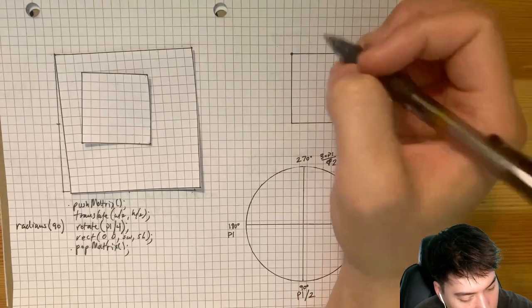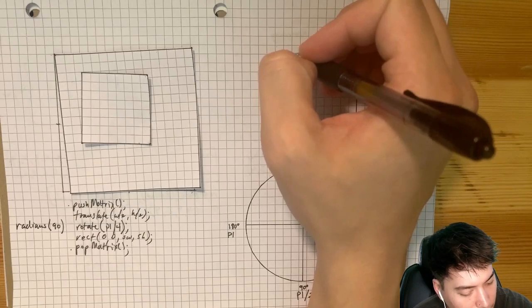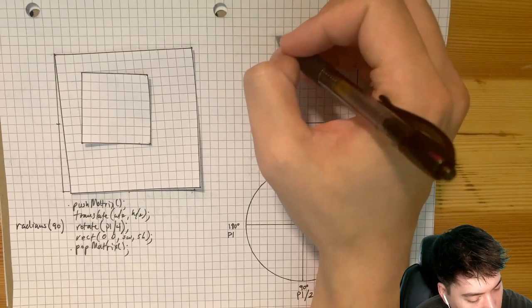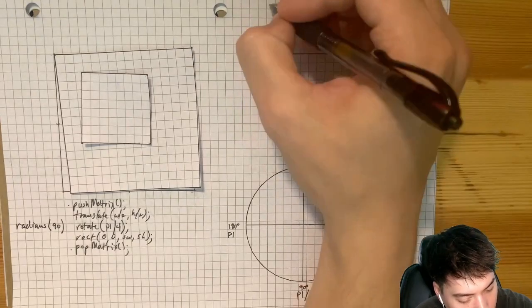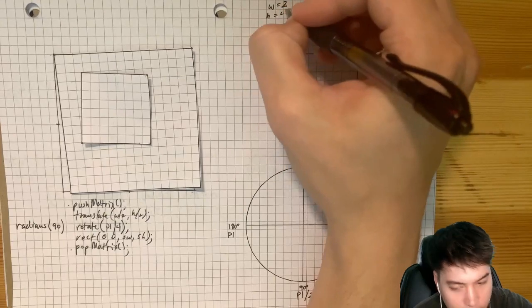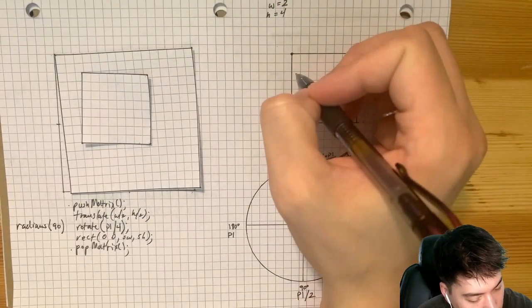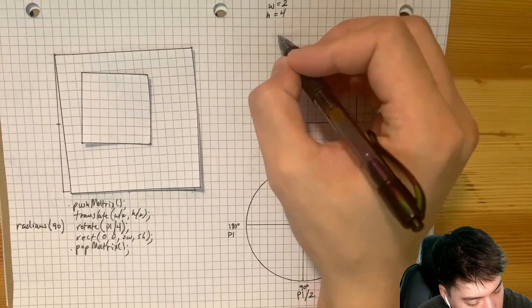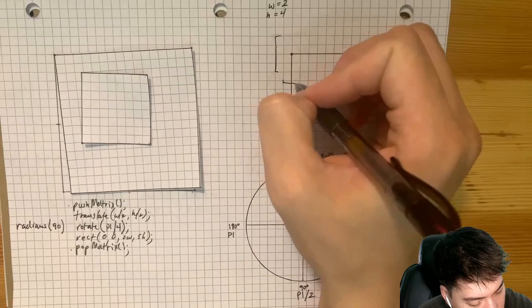I can basically say, I want the middle of my triangle to be here. And let's pretend we're back to our previous example on pen and paper, where the width of the shape is 2 units and the height of the shape is 4 units. So I know that I want my triangle to be 4 units tall, and I want it to be 2 units wide.